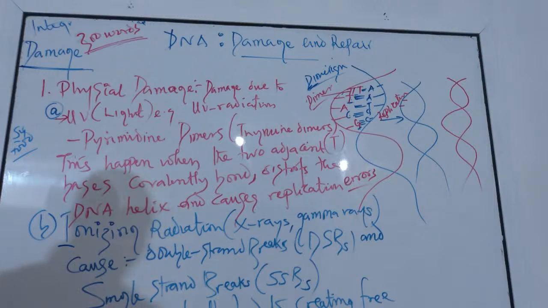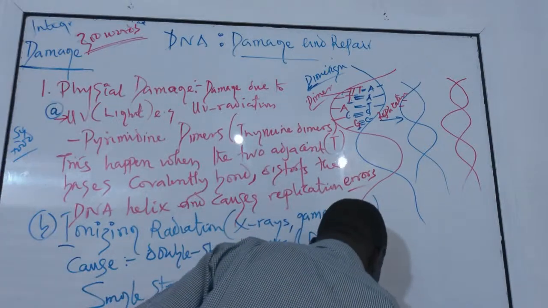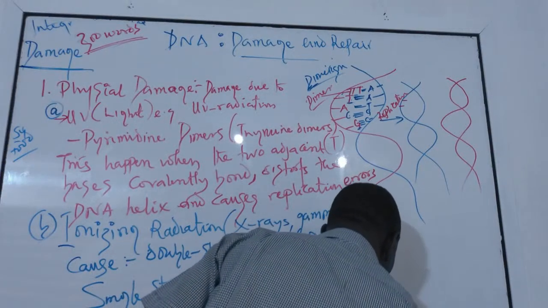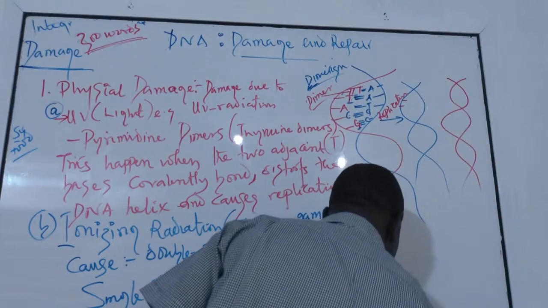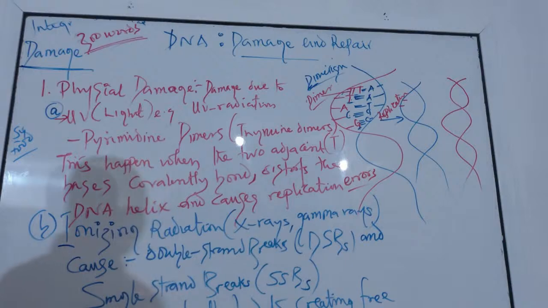This 8-oxo-G is a known mutagen, so it's a mutagenic compound or mutagenic substance. That is, it can cause mutation. And don't forget that mutation, just like I said, is the beginning of cancer.